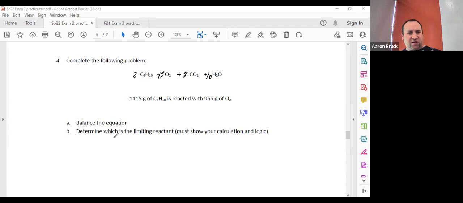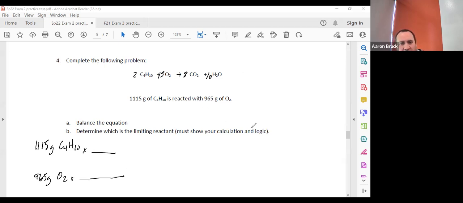The next question concerns the limiting reactant. There are lots of ways to go about calculating the limiting reactant. The way I teach my students is to take each of these reactants and turn them into one of the products.